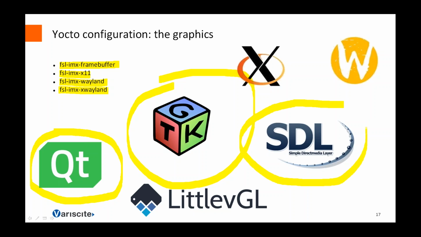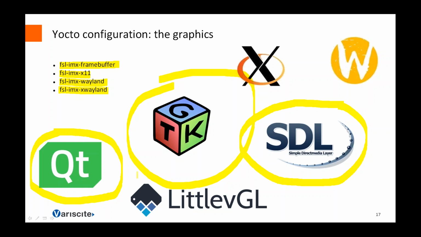SDL, for those who, like me, are quite old, is something nice. It was born several years ago, was developed for Linux, and was accessing the frame buffer. Now it's compatible with Wayland, was highly used in the games world, but is still usable for very nice graphical applications.